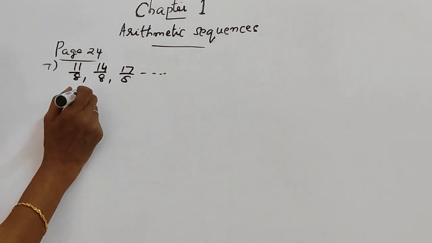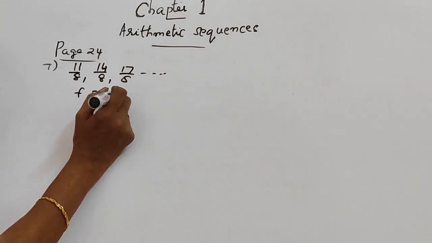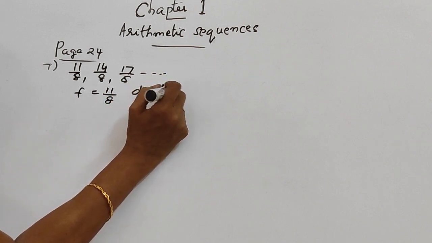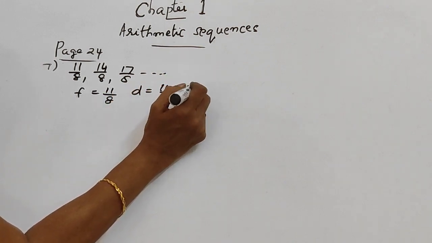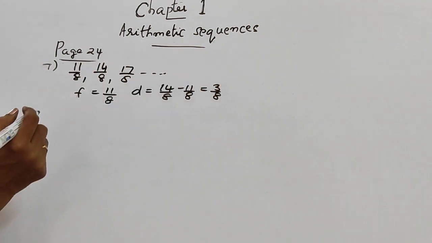f is equal to the first term, 11 by 8. d is equal to 14 by 8 minus 11 by 8, which equals 3 by 8.